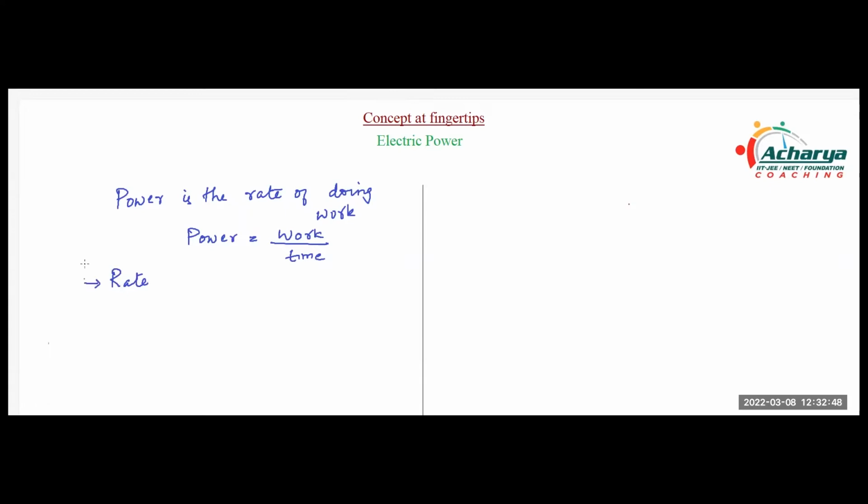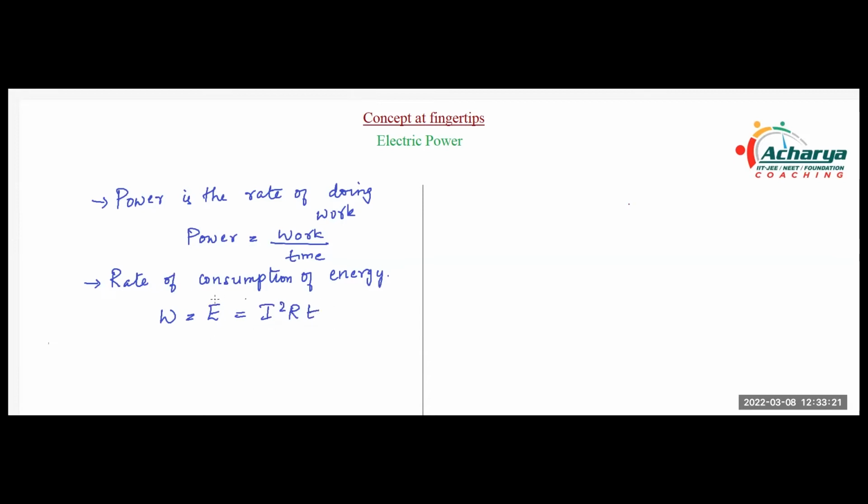Or we can also define electric power to be the rate of consumption of electrical energy. So we can say W, which is work, is equal to energy, which is equal to I squared RT.